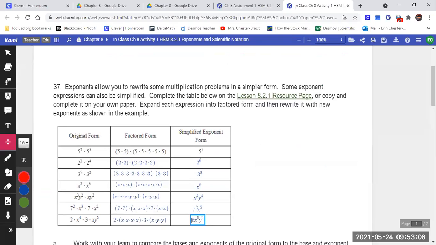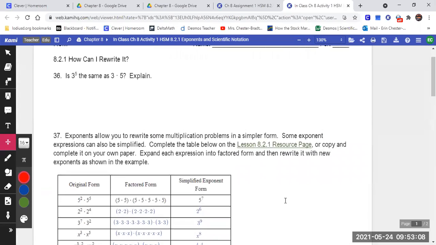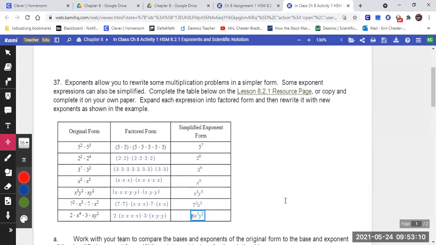I noticed it says in exponent form at the top, simplified exponent form. So we are not going to multiply the 6. We're going to show these in exponents. 2 to the, how many 2's do we see? How many 2's do we see? 1.